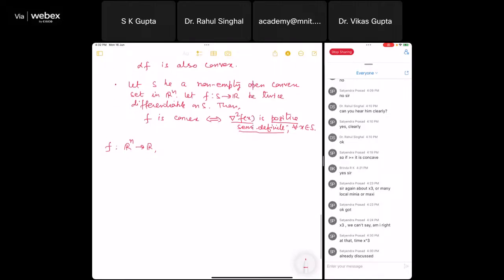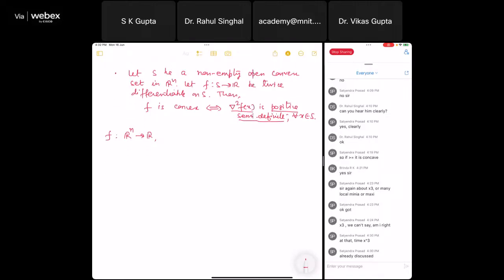So for a function from Rn to R, del f(x) at a point x is simply del f by del x1, del f by del x2, up to del f by del xn at this point x. This is called the gradient of f at x. This is a vector in Rn.